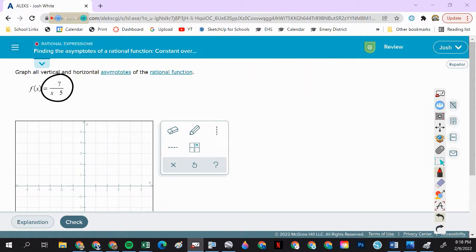So the easiest to find is a VA, a vertical asymptote. A vertical asymptote occurs anytime the denominator is equal to 0. So any numbers that make the bottom 0 create vertical asymptotes. So here, the bottom is x - 5.